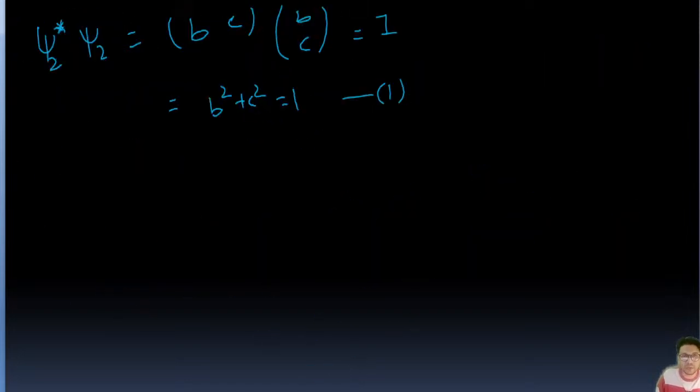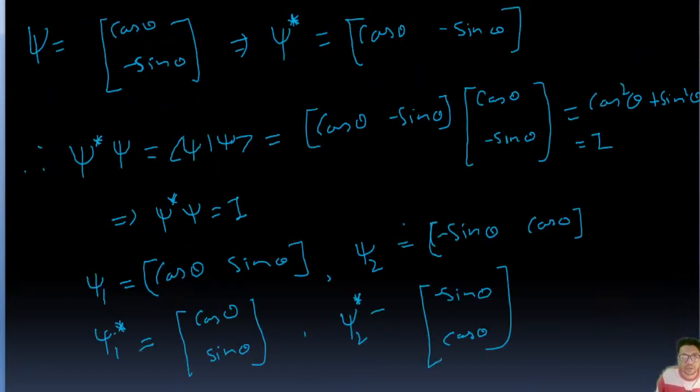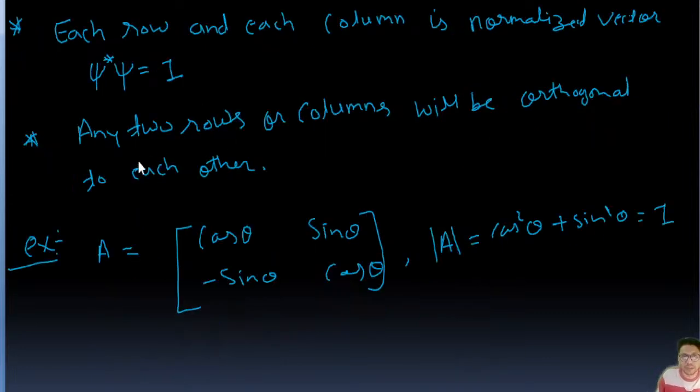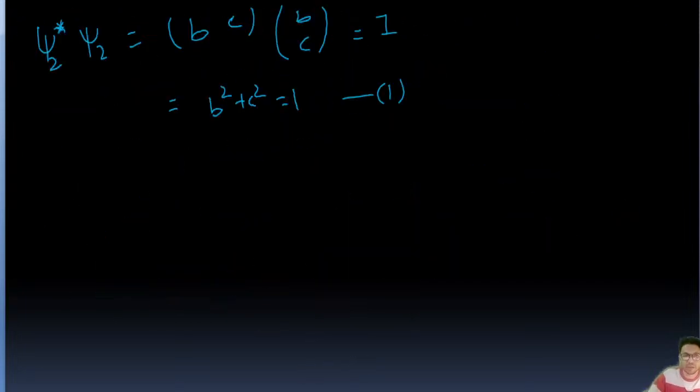Similarly, now we'll use the other property: any two rows or columns will be orthogonal to each other, because they are orthonormal. Orthogonal means psi 1 star psi 2 is going to be 0.